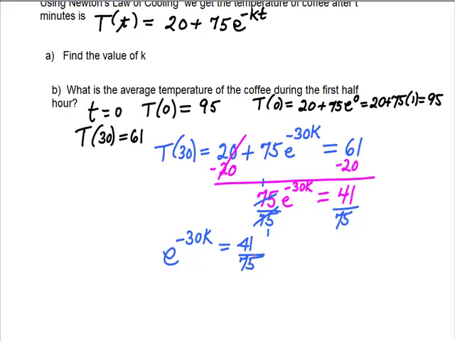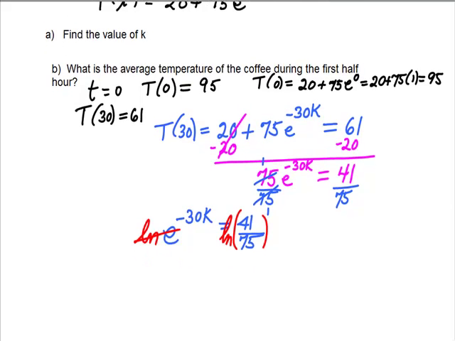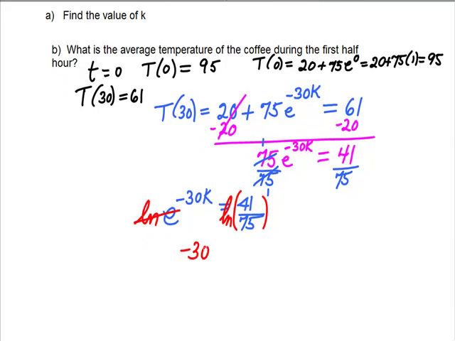So now we take the natural log of both sides, and we know that log and e undo each other. So we get negative 30k is the natural log of 41 divided by 75.